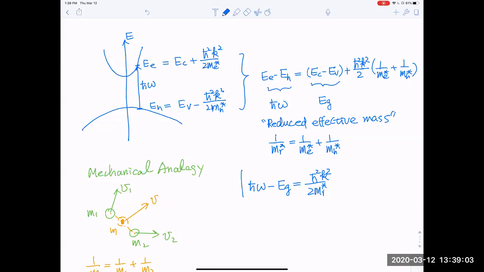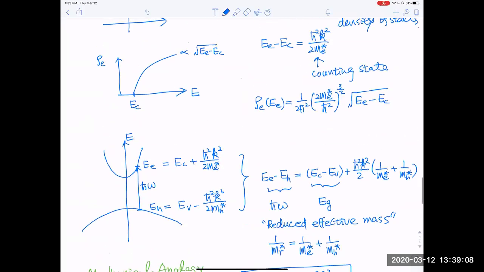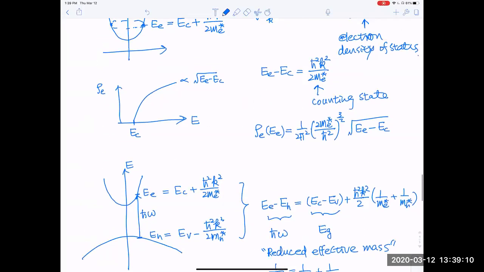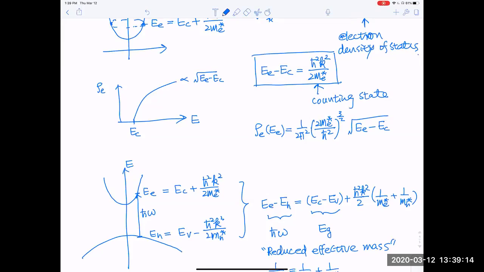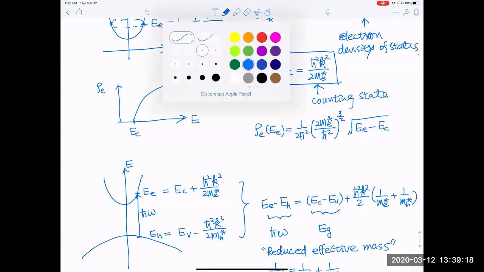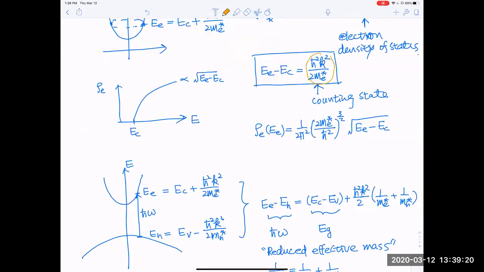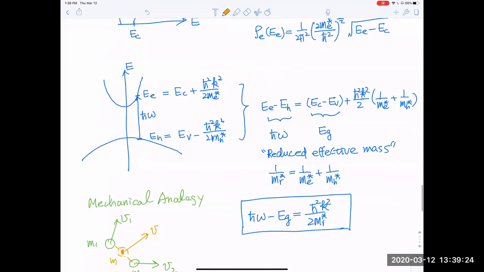Okay, if you consider this equation with this electron equation, an important thing is to recognize the right-hand side. The right-hand side is basically the same, except the effective mass is different.